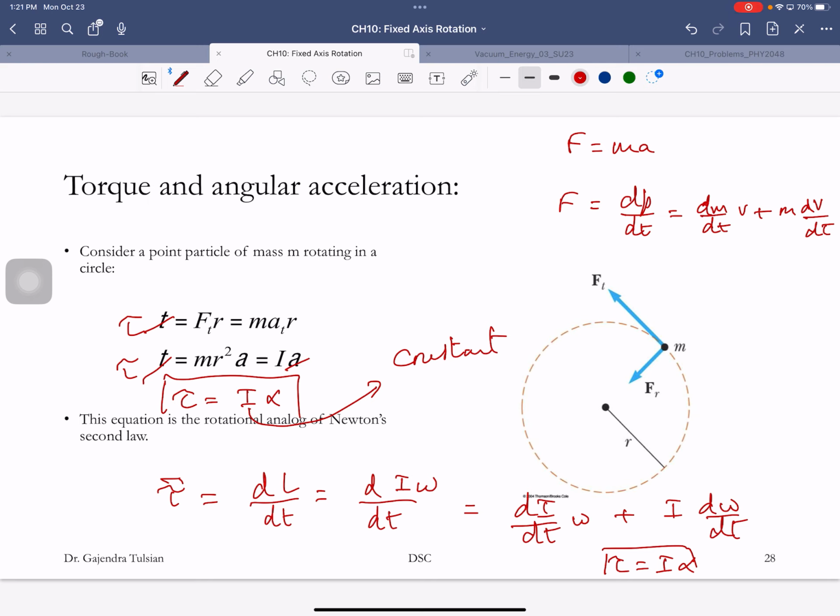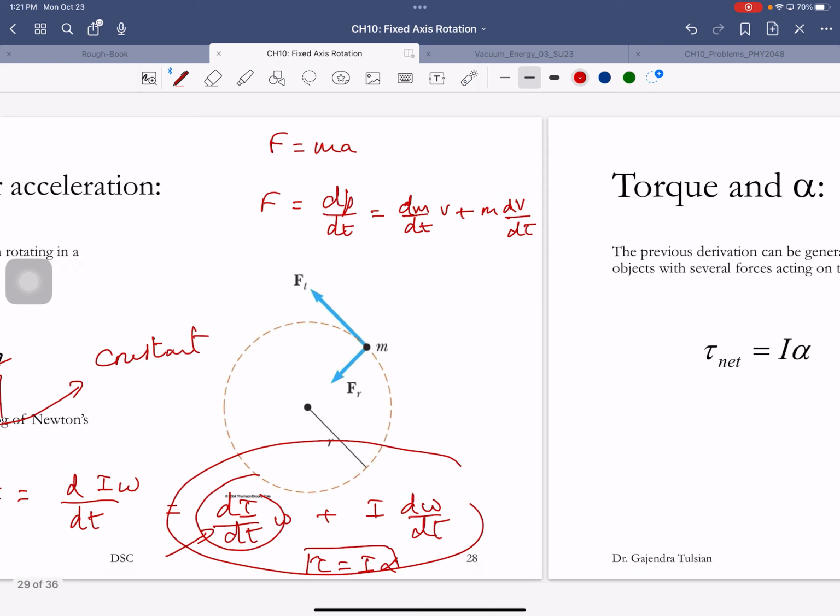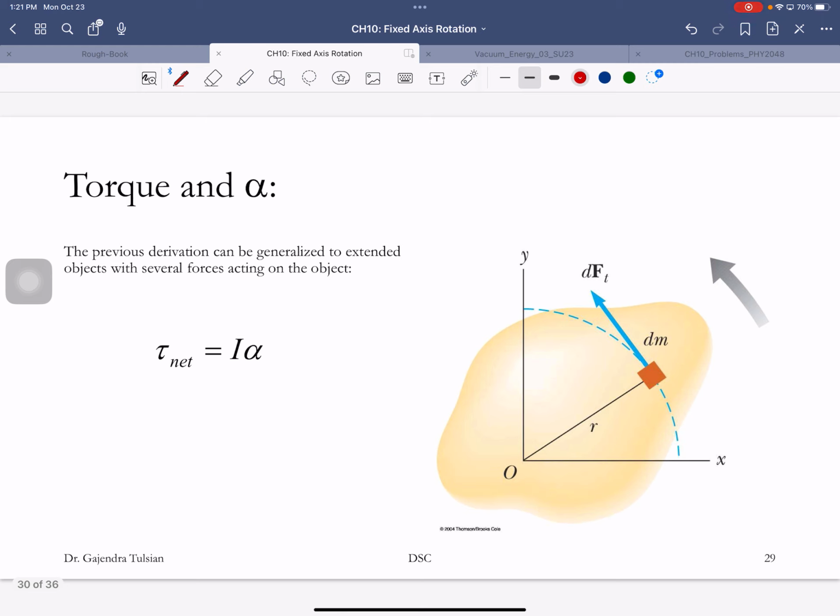But when the object is not rigid and this changes, you have to add this term. So when I was sitting on the chair and spinning and changing my moment of inertia, I have to use this formula. I can't use this formula. So again, for a rigid object rotating, the net torque is I times alpha. So this is when this guy is constant.